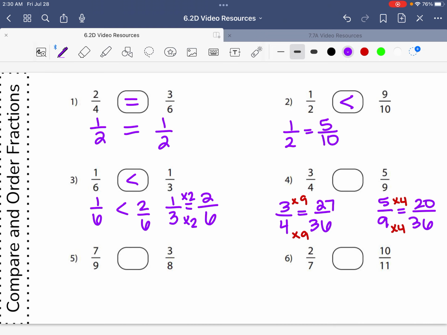And 5 times 4 is 20. So now I'm comparing 27 out of 36 to 20 out of 36. And I know that 27 out of 36 is greater, which tells me that 3/4 must be greater than 5/9.